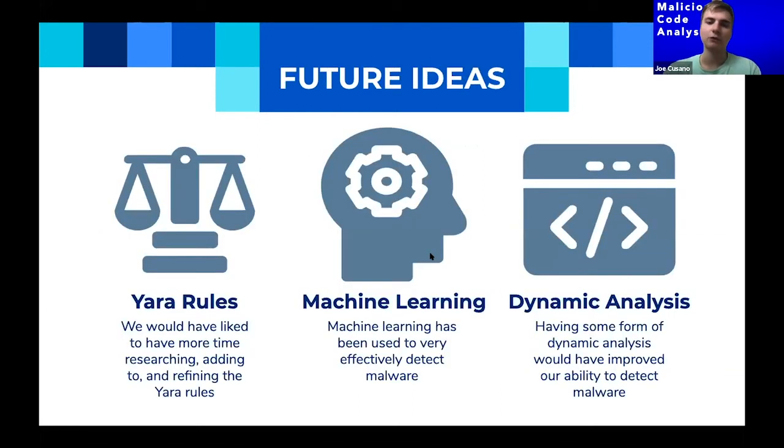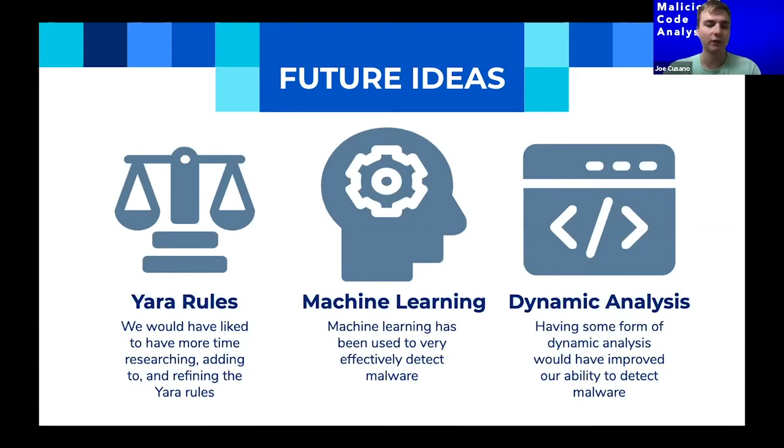Okay, next. So these would be the future ideas we would have if this project was continued. The first thing would be to add additional YARA rules. We added a good amount of YARA rules in terms of analyzing Word documents and EMLs and also PDFs, but the other thing that could be added is YARA rules for executable files or really any type of file.